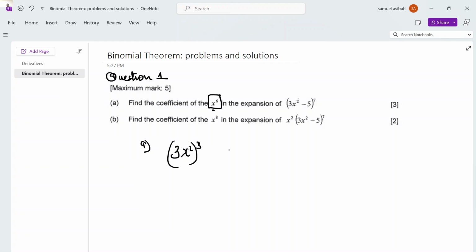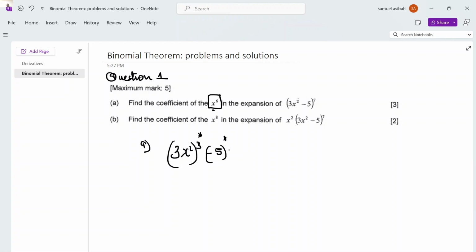Now, when you have identified that, then you realize that the next value here will be -5, because the sum of this power and the power that will be here has to total 7.